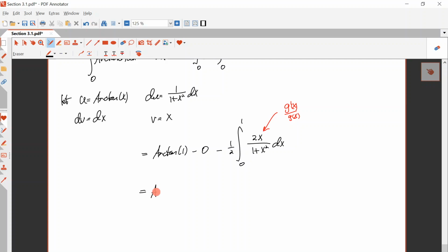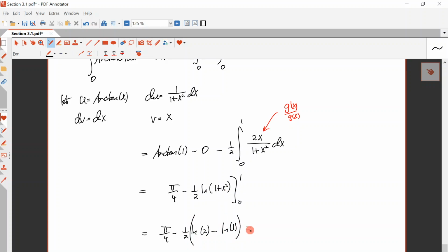So this is arctangent of 1. Well, arctangent of 1 is pi over 4, minus 1/2, and the antiderivative of this is natural log of 1 plus x squared, evaluated from 0 to 1. So it's pi over 4 minus 1/2 natural log of 2 minus natural log of 1.